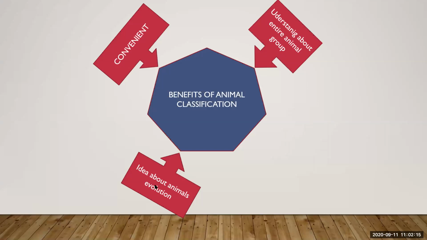Then we will get an idea about animal evolution. What is their evolution, how they have developed, what is their morphology, anatomy, etc. It can give a good idea about evolution.